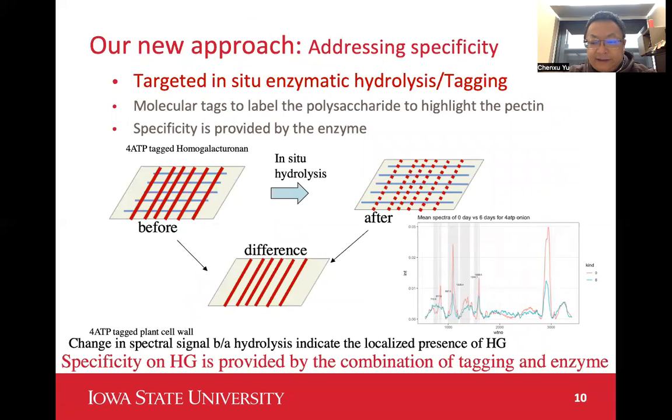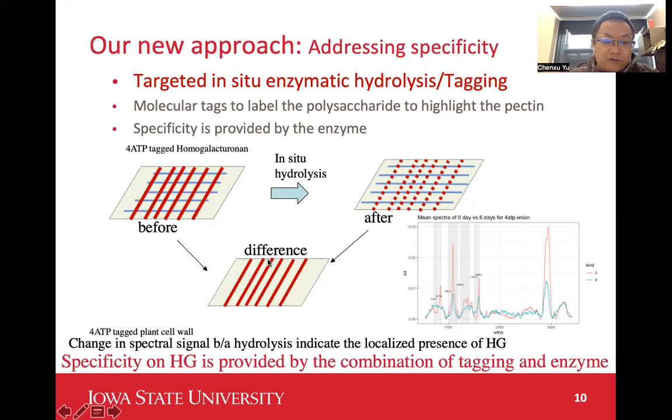So here is the idea of the in situ enzymatic hydrolysis. Suppose that these red lines are the pectin species labeled with 4-ATP, right? And if we use an enzyme that specifically hydrolyzes those species, then after the in situ hydrolysis, these polymers are being chopped into small segments that become water soluble, so they can be washed away.